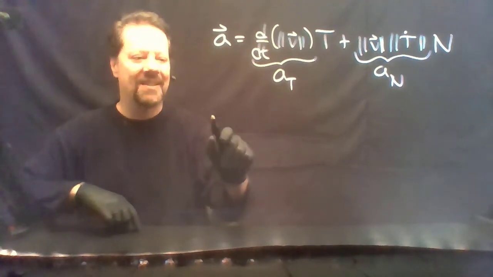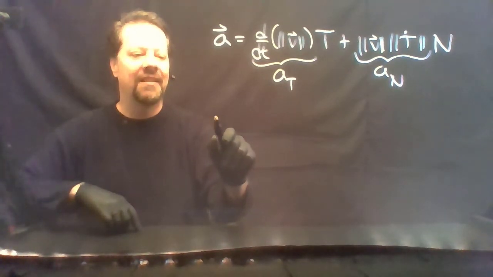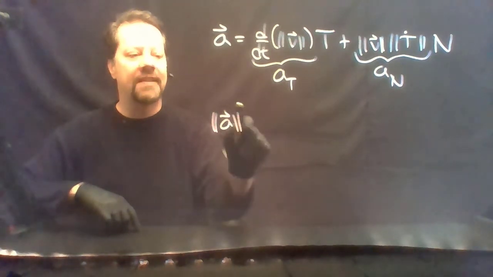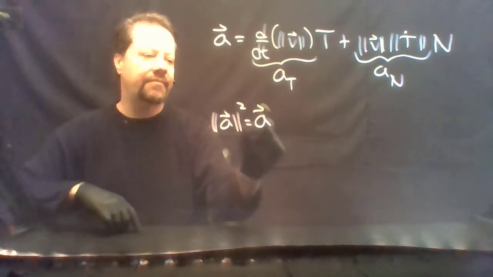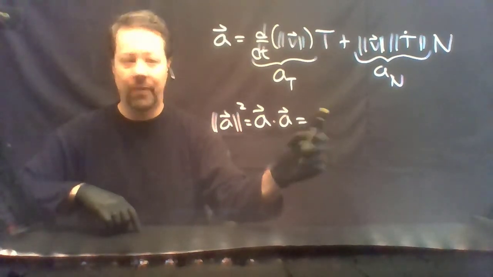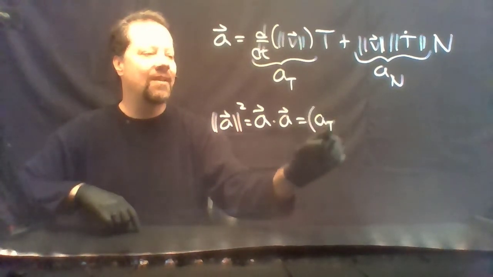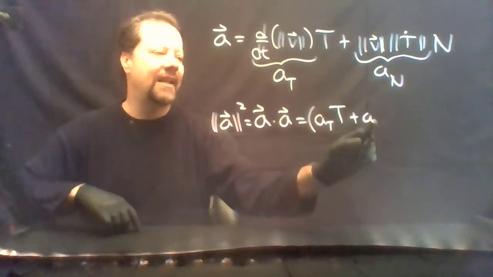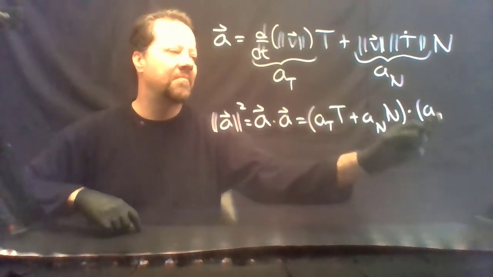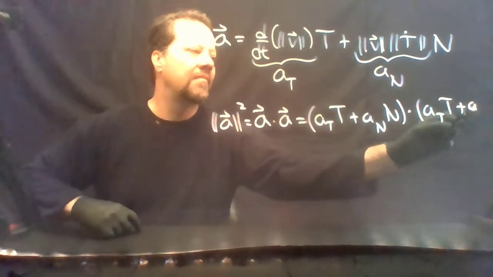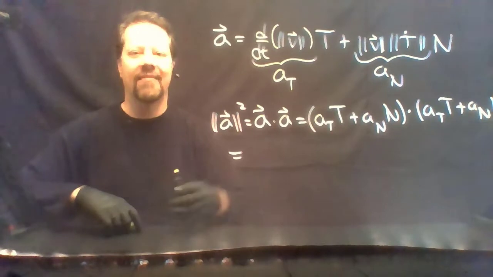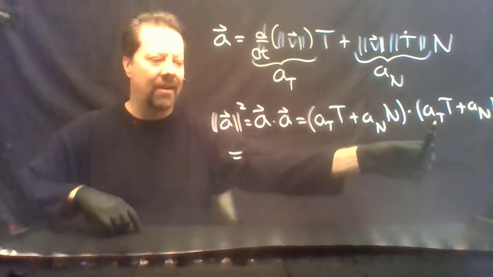First, let me point something out. The norm of acceleration squared is the acceleration dotted with the acceleration, of course, and that's going to be a sub T times t plus a sub N times n dotted with the same. We can FOIL this out.